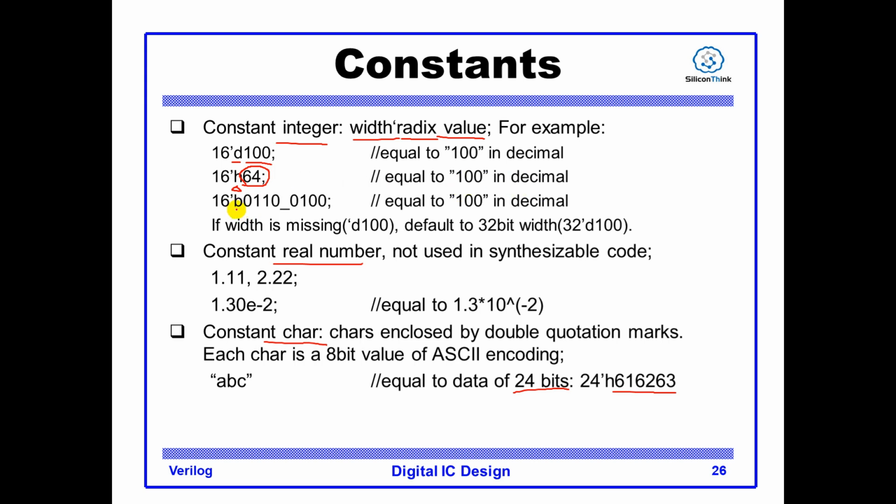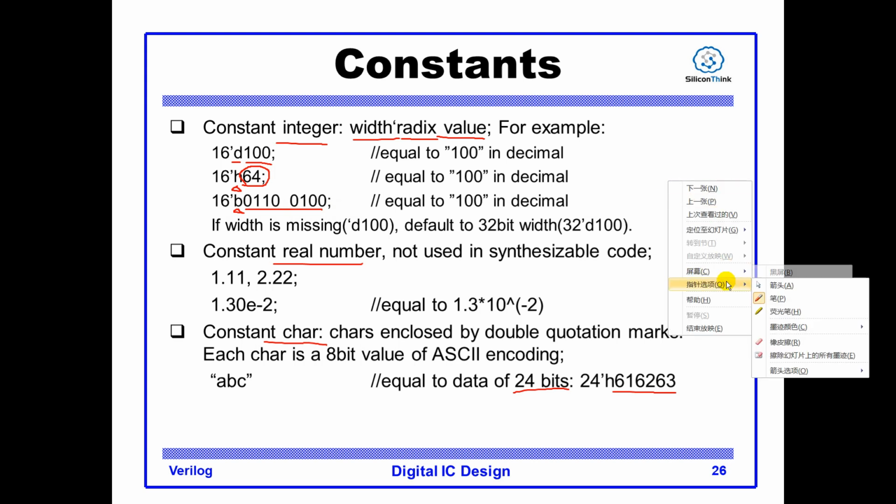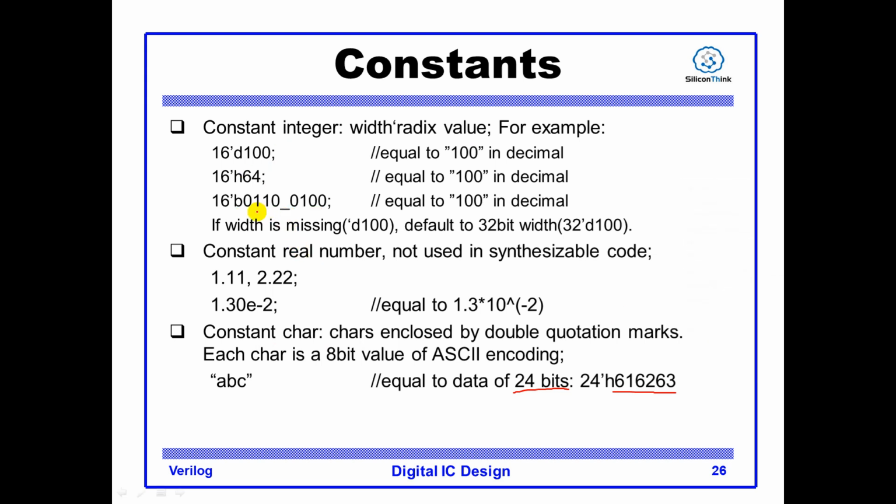And the B denotes that the numbers after it will be treated as binary. So this is also equal to 100 in decimal and with 16-bit width. And you can use underline between the binary numbers.